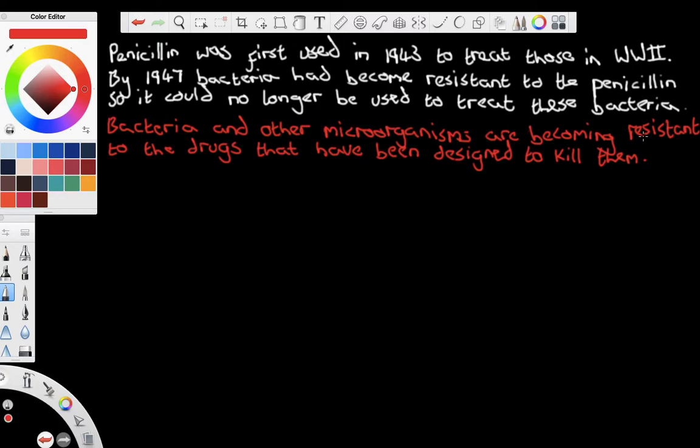Now, this is usually caused, or is caused, by mutations in the genes of these microorganisms. And in particular, this happens in bacteria.